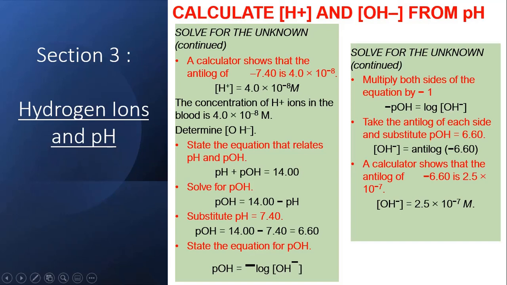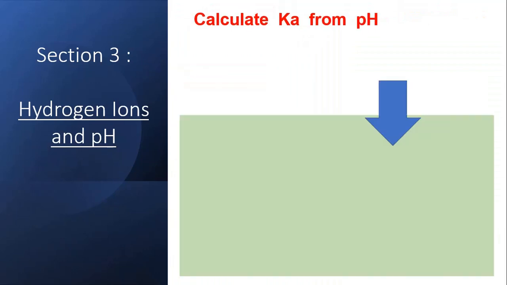If you keep H positive 4 times 10 to the power negative 8 and OH negative 2.5 times 10 to the power negative 7, then you will know that the KW is 10 to the power negative 14, or 1 times 10 to the power negative 14 for any acidic basic solution. Okay, good practice so far.